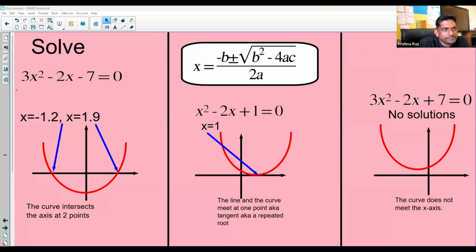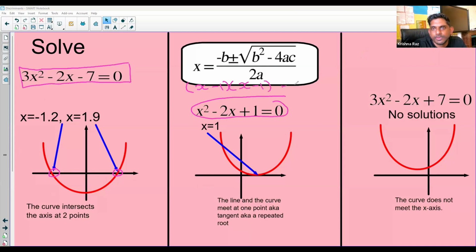So the first one, obviously pause the video and give it a go if you want. If we solve that using the formula, we get two solutions which correspond to the points at which the curve intersects the x-axis. If we solve this one, we can see that would factorize to x minus 1, x minus 1.